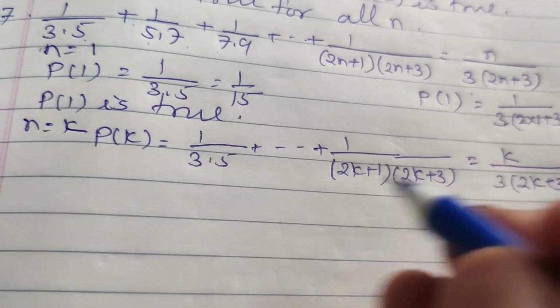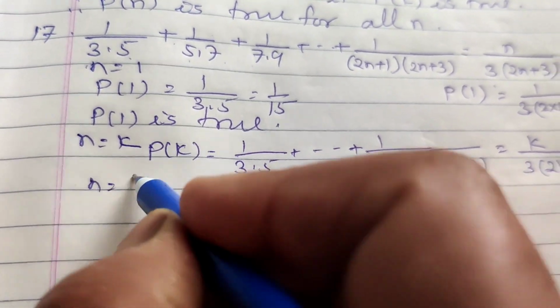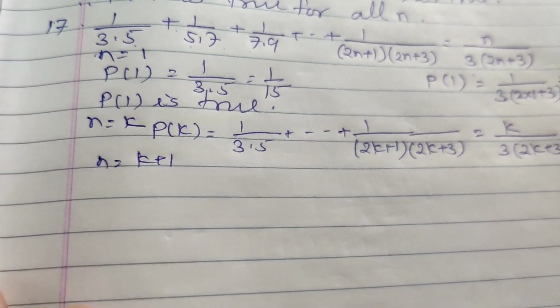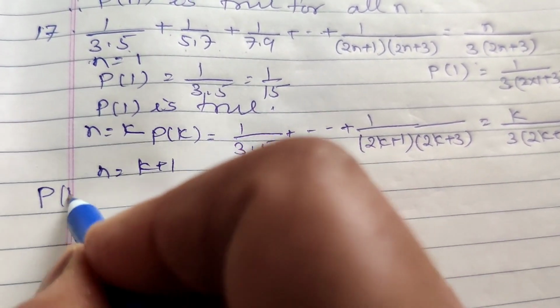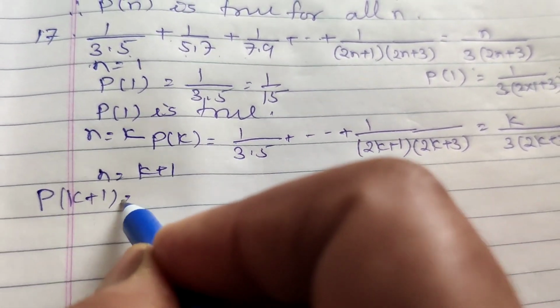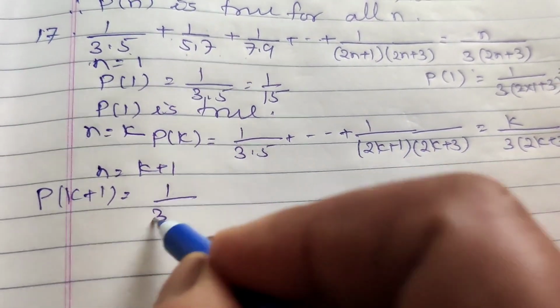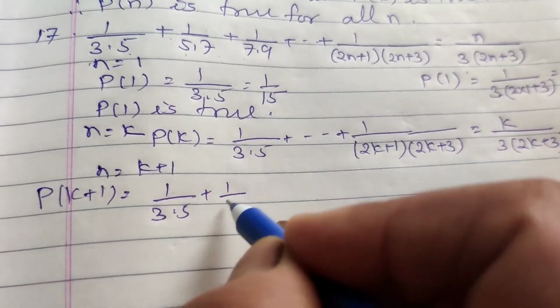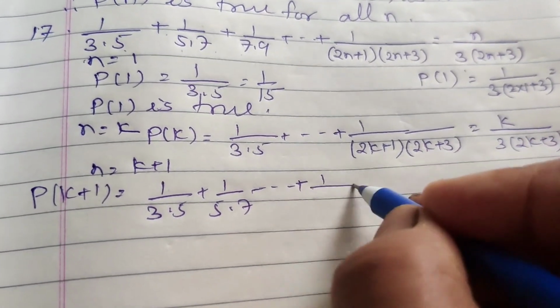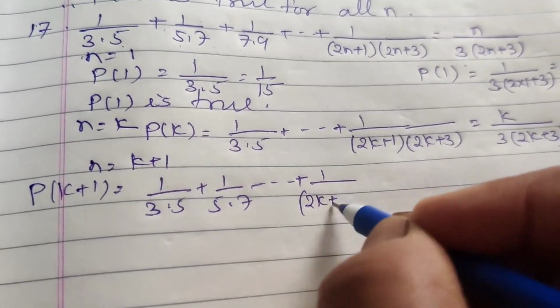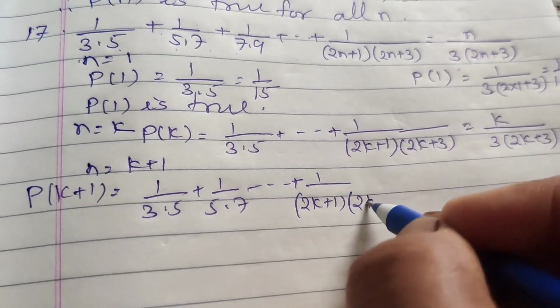Now take n equal to k plus 1, Pk plus 1: 1 upon 3.5, 1 upon 5.7, up to 1 upon (2k plus 1)(2k plus 3).